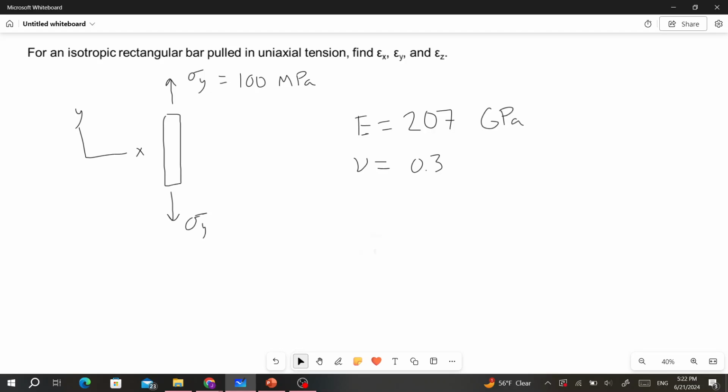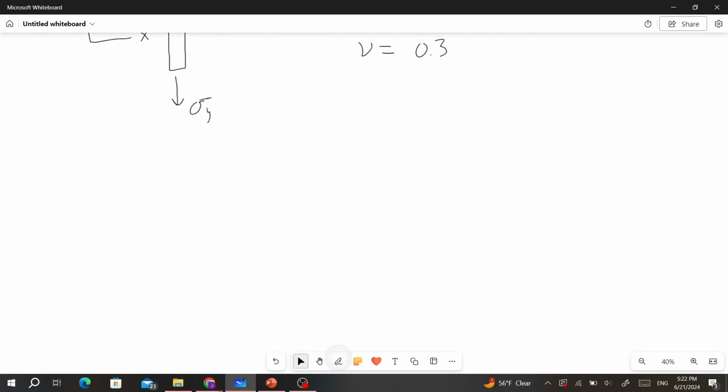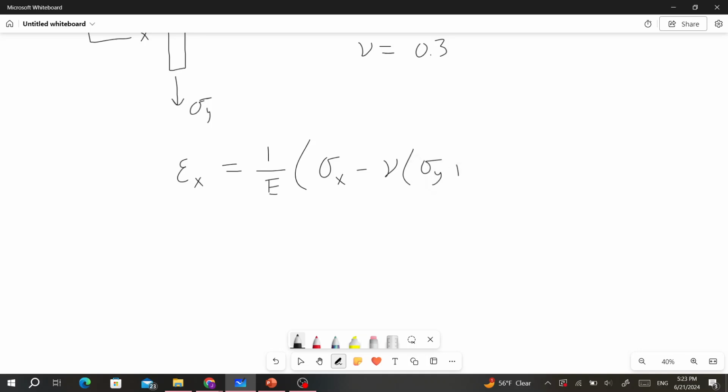So if you look in the lecture notes, Hooke's law, the equation that relates material properties, in 3 dimensions anyway, for triaxial stress, is epsilon x is equal to 1 over E times sigma x minus nu times sigma y plus sigma z.